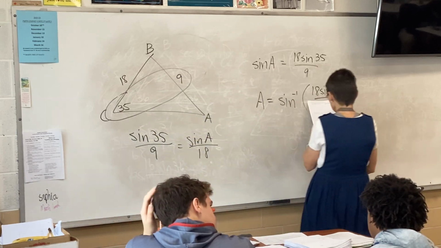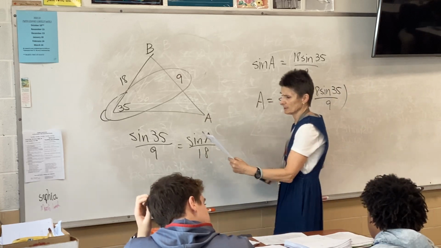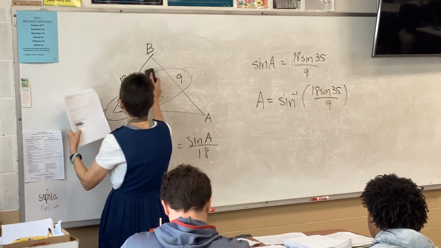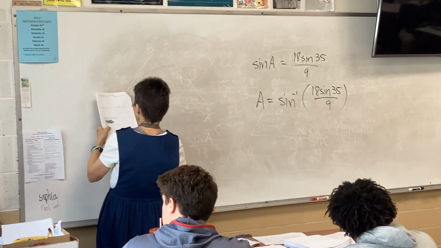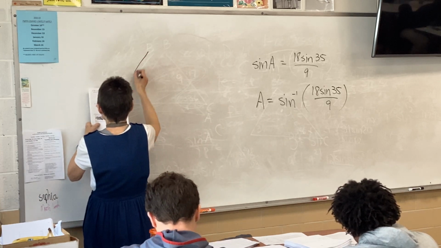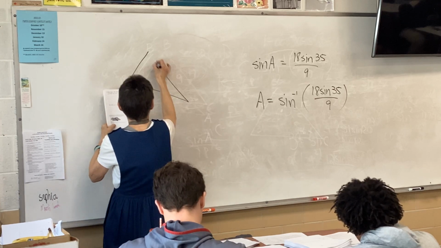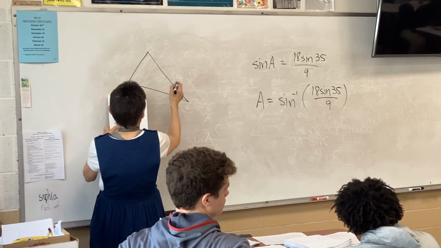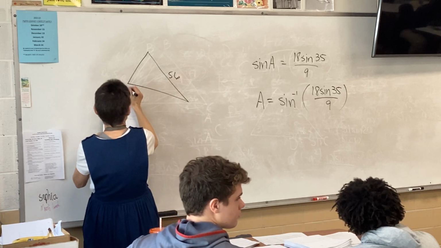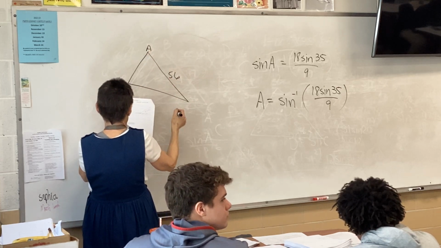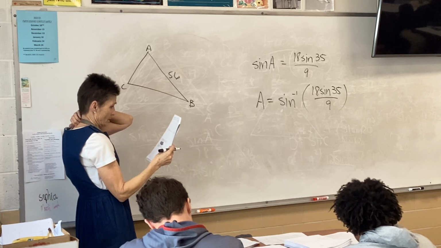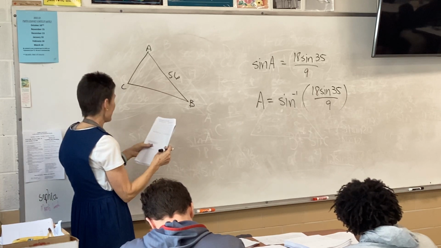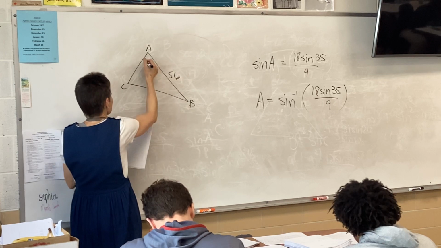Okay, I copied this out of your book. Some of the lines don't show up very well, but you see better than I do, so I'm sure you see what's going on. I got a triangle. This is 56. This is CA. BAC is 72.